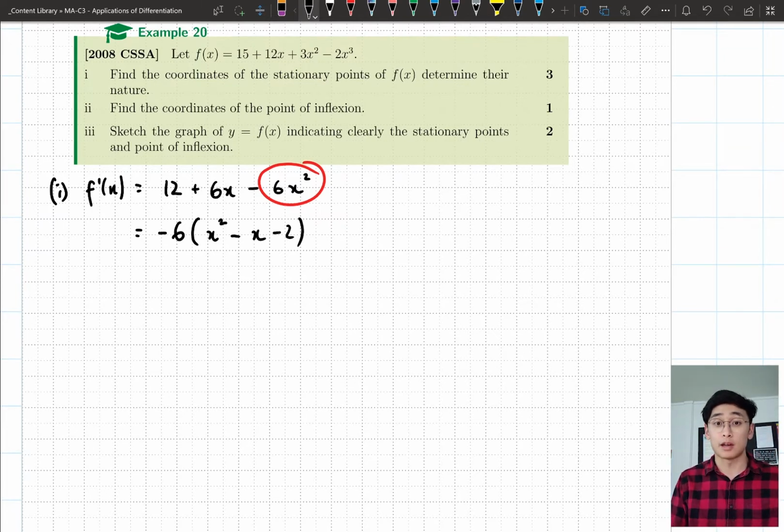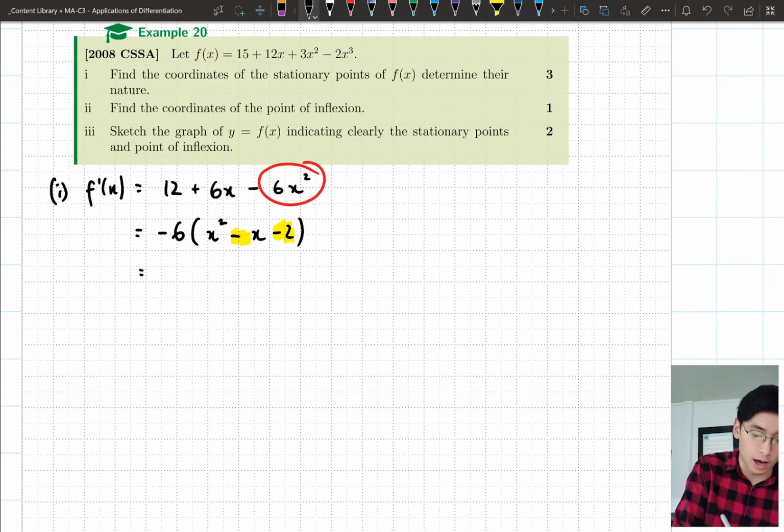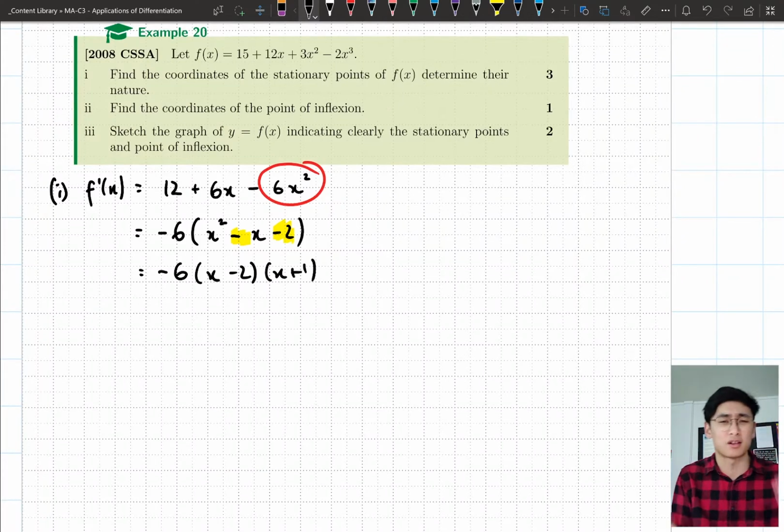Okay. Now that I've done that, I can factorize this even further. So I'm looking for two numbers that add together to give me minus 1 and times together to give me minus 2. So I'm going to put this all together. So I've got, I think the two numbers will be x minus 2 and x plus 1. So here, 6, x minus 2, x plus 1. Sorry, x plus 1 I mean.